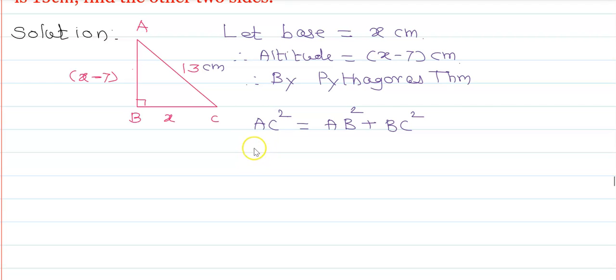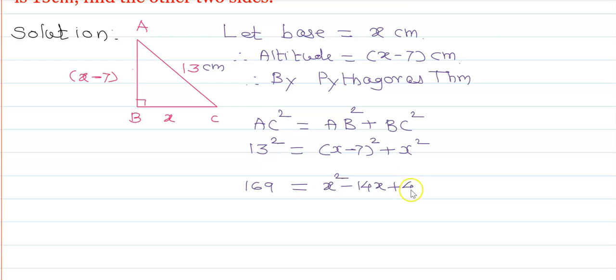Or we'll substitute: AB square plus BC square is equal to AC square. First, we substitute the value, AC means what? It is 13 square. AB is (x minus 7) square, BC is x square. 13 square is 169. (x minus 7) square is x square minus 14x plus 49, plus x square.